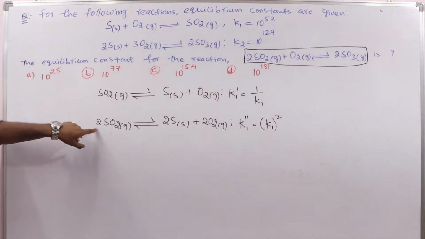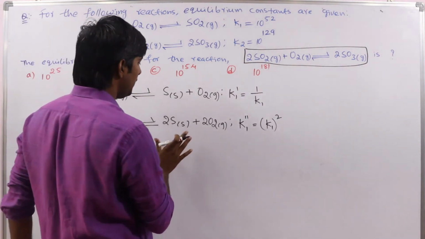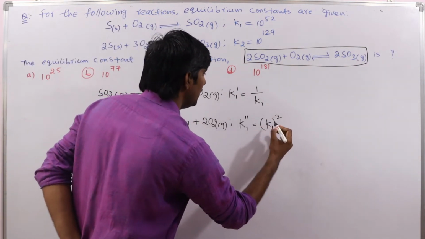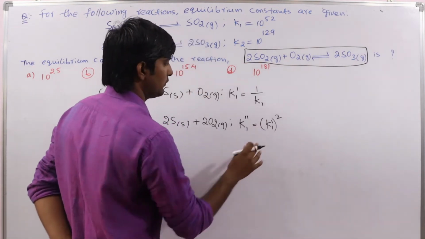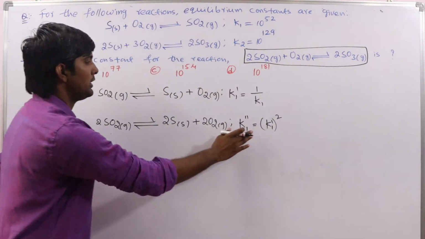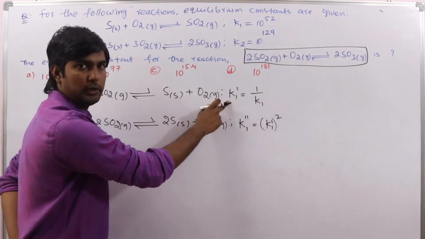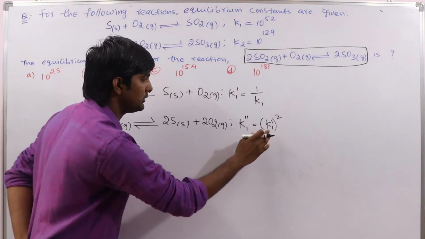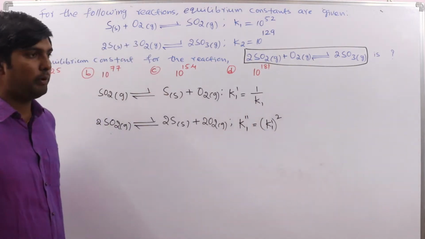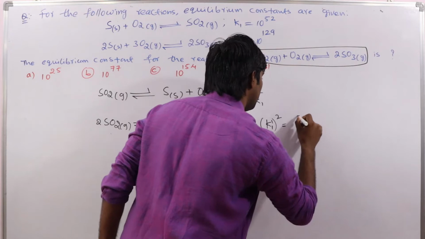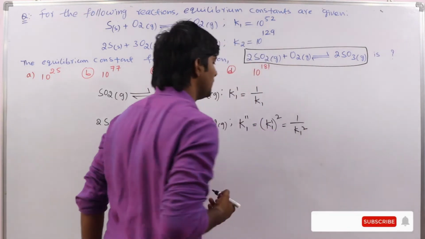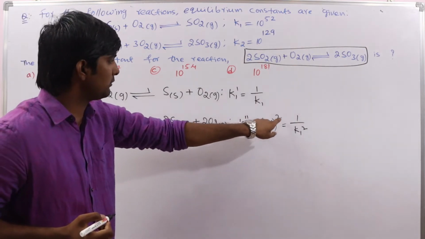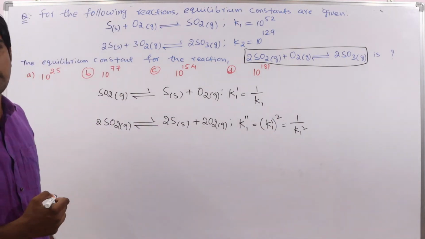This is multiplied by 2, so the new equilibrium constant, K1 double dash, equals K1 dash whole squared. Since K1 dash equals 1 by K1, K1 dash squared is nothing but 1 by K1 squared.